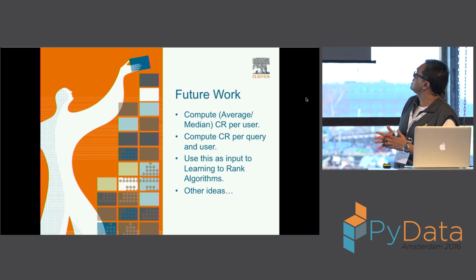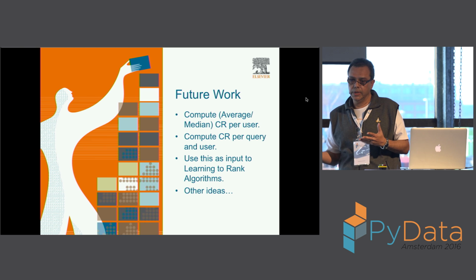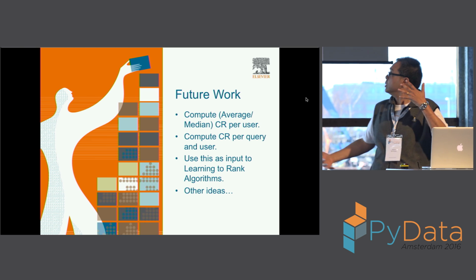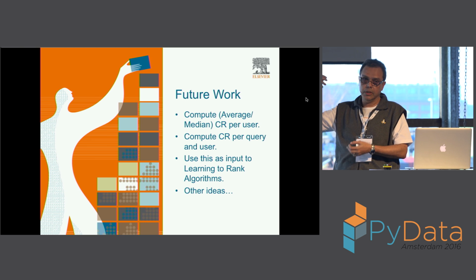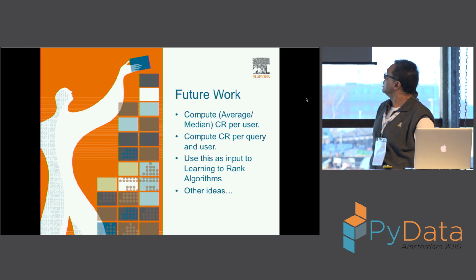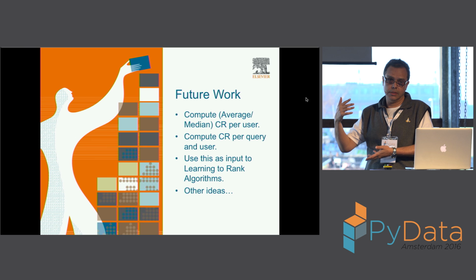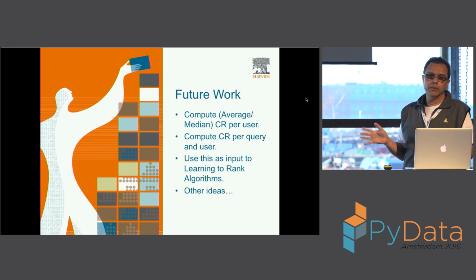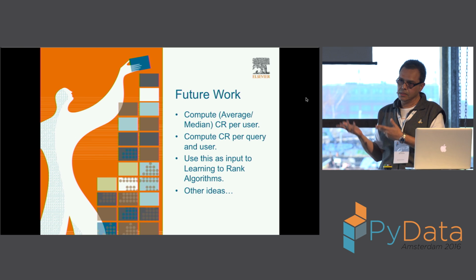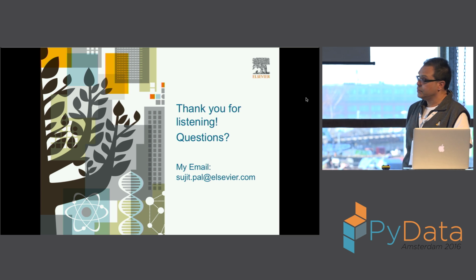Once we have these figures, we could use some kind of collaborative filtering, or an ALS-type algorithm, to impute preferred rankings given a query and a user, and use them to re-rank the top page of results, right? That's a learning to rank algorithm, but it's still kind of half-baked at this point, but this is what we have. And I think I'm done. Thank you for listening.